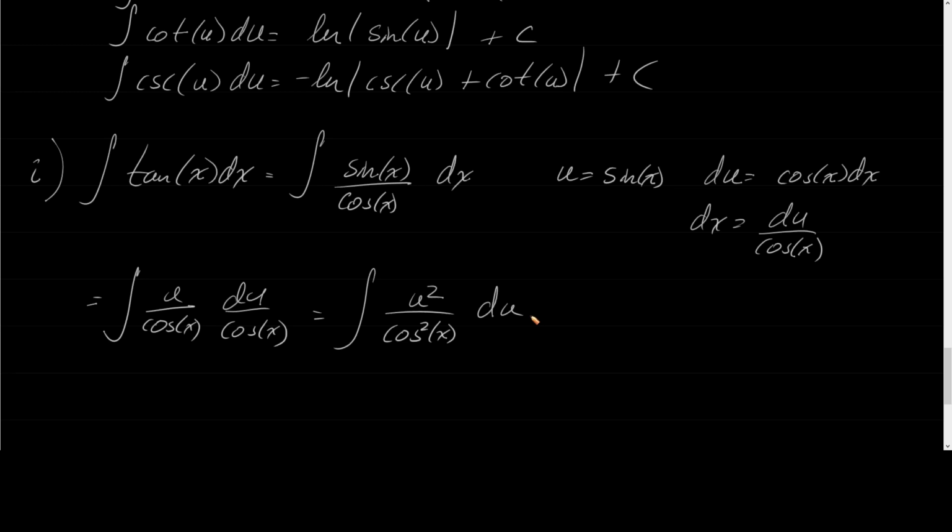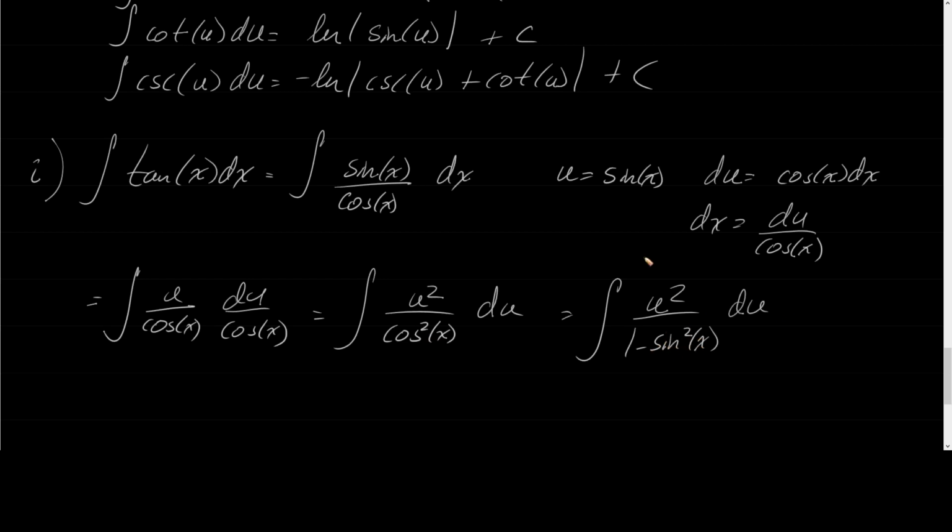Now that's an issue, right? Because we have x's and u's. And we don't like to mix u with x. So what we want to do here is, how can we rewrite cosine squared? Well, cosine squared can be rewritten as 1 minus sine squared of x, right? Du.